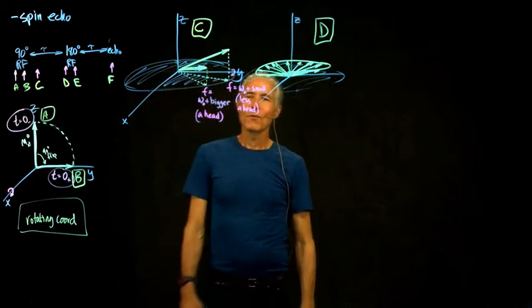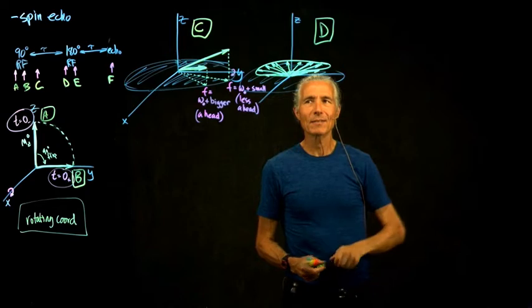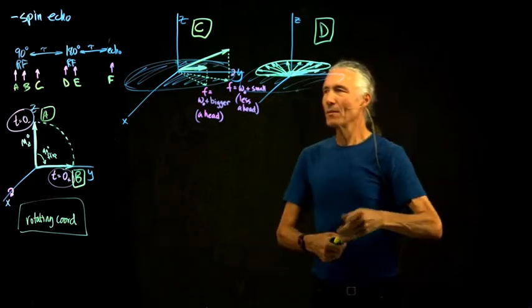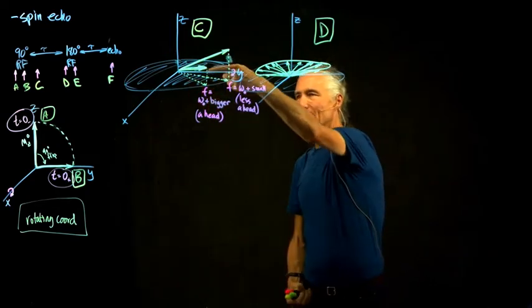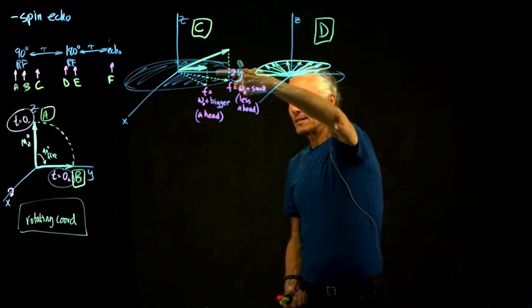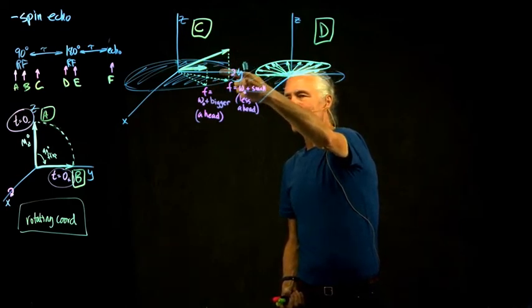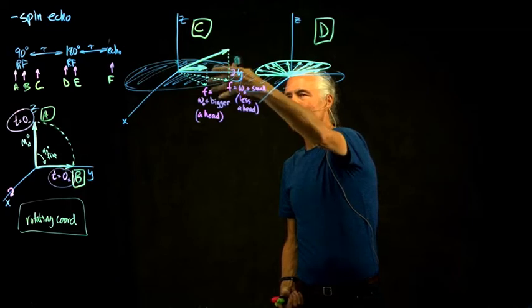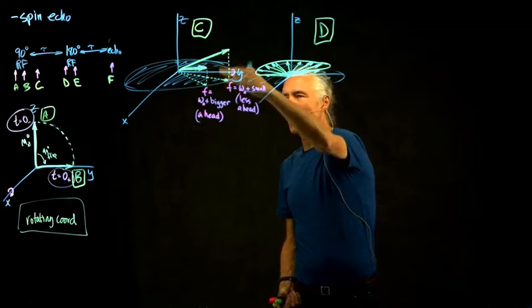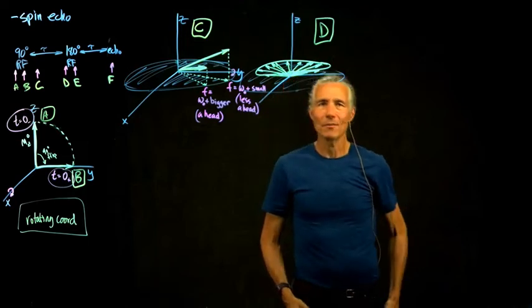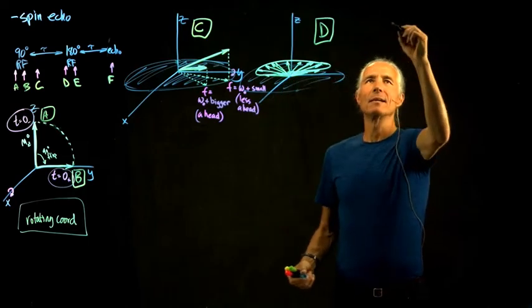And so what happens when you flip around the y-axis? Well, you basically just take these guys and rotate them around this axis here by 180 degrees. So it's basically just flipping this whole picture upside down. And so what does that look like?